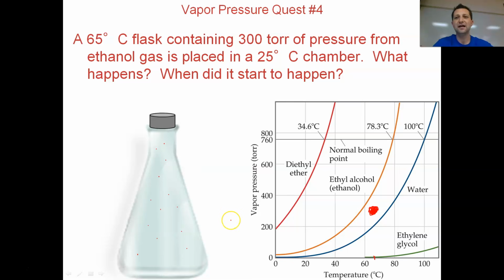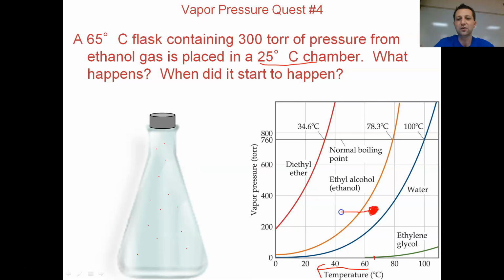I take that flask and move it to another chamber at 25 Celsius. Okay, what happens here? The temperature is going to decrease, right? So let's take where I am on this point, and let's move to the left as I make my temperature lower, toward 25 Celsius. So I'm cooling it, I'm cooling it, I'm cooling it.